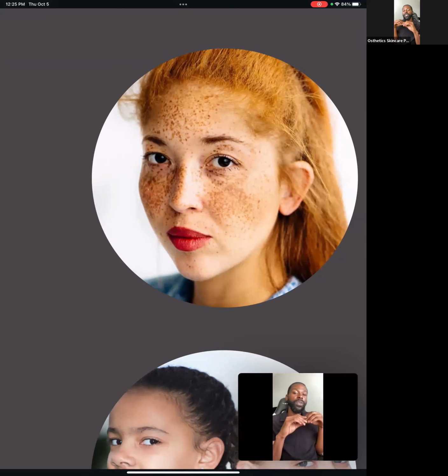Now, can anyone tell me where the eumelanin is showing up on her? Don't all speak at once. On her eyes. Her eyes. Okay, and there's one more thing. Let me see if y'all can catch it.